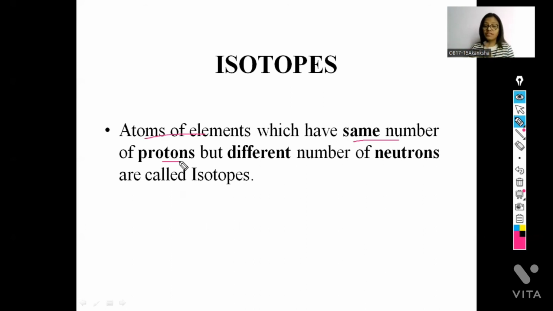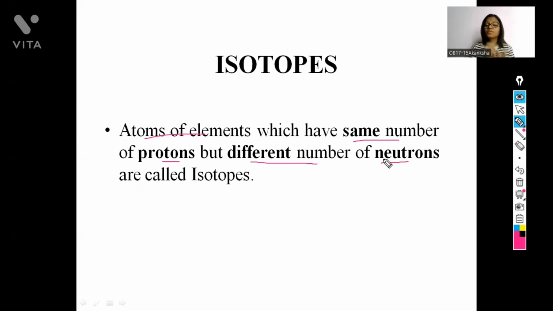So the atoms of elements which have the same number of protons, you have to remember these keywords highlighted in bold, but different numbers of neutrons, such atoms are called isotopes.